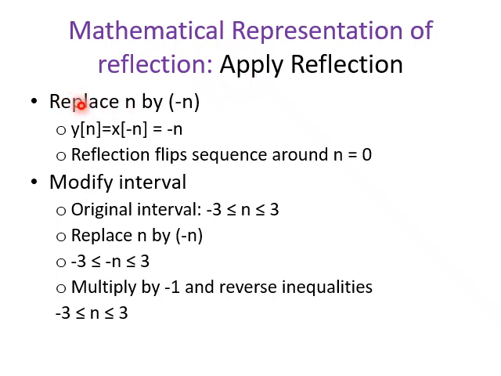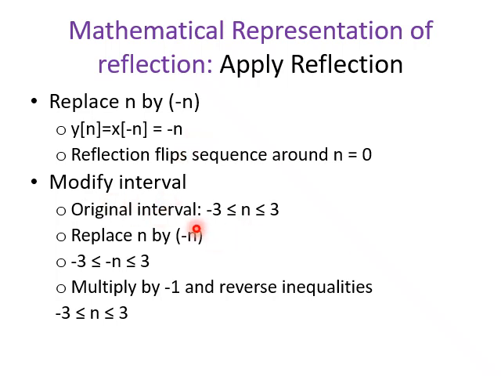The first step is to replace n by -n. We write the reflected version of x of n as y of n, so y of n equals x of -n, and since x of n is equal to n, x of -n will be minus n. So the reflected version y of n equals minus n.